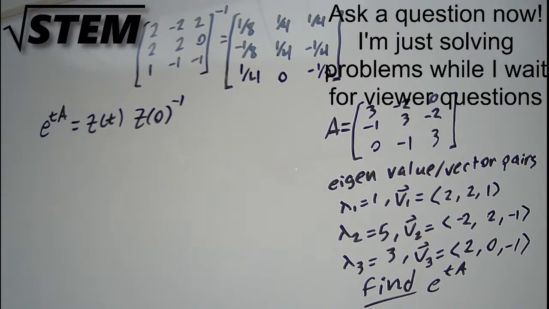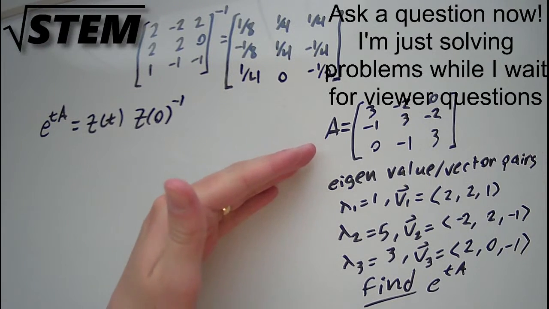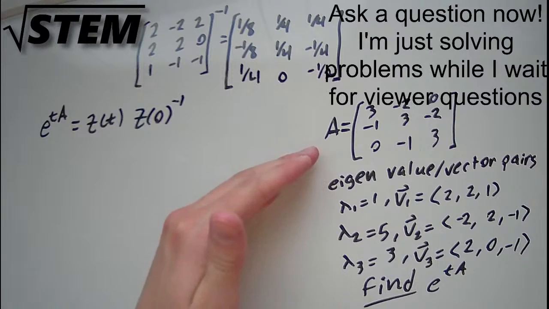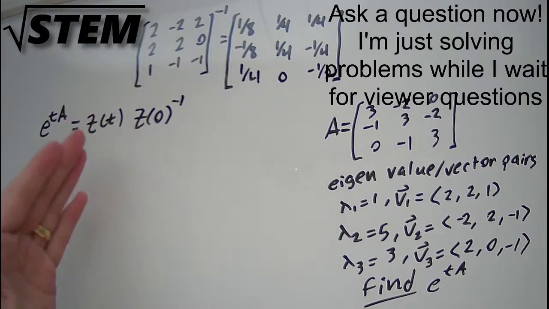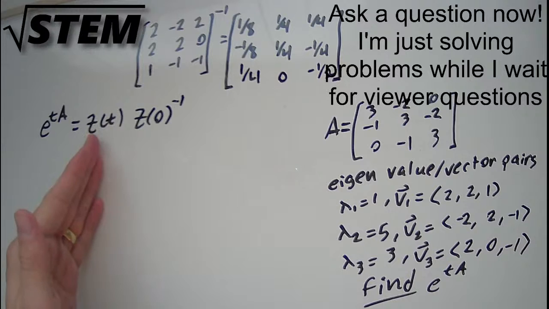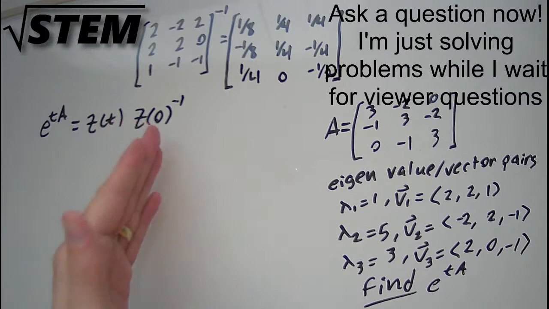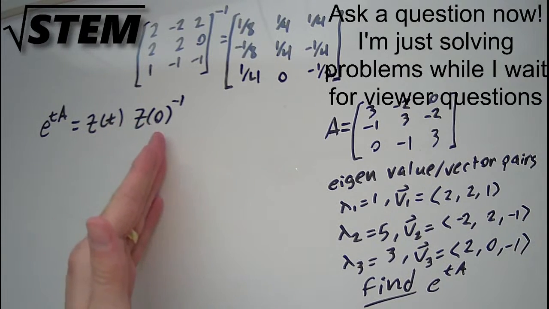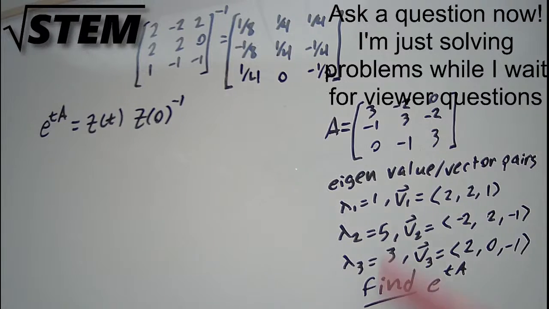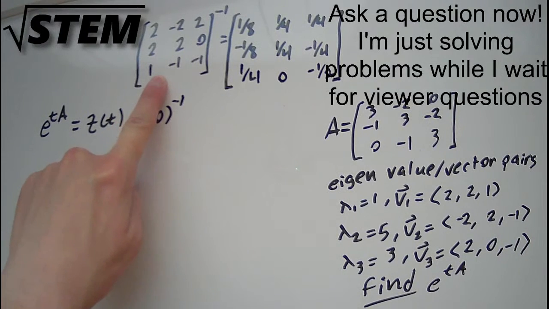So if we have a fundamental matrix for x prime equals Ax, then we can multiply that fundamental matrix by the inverse of it when 0 is plugged in to all of those e to the lambda t's. And as luck would have it, this is actually Z of 0.